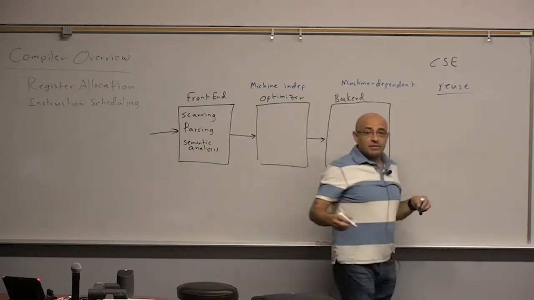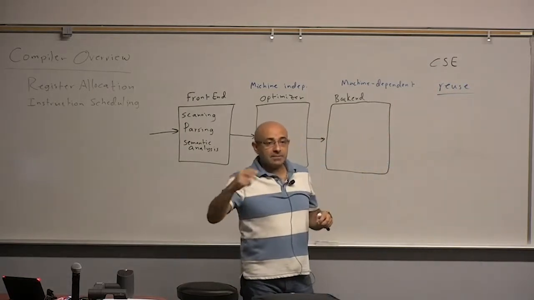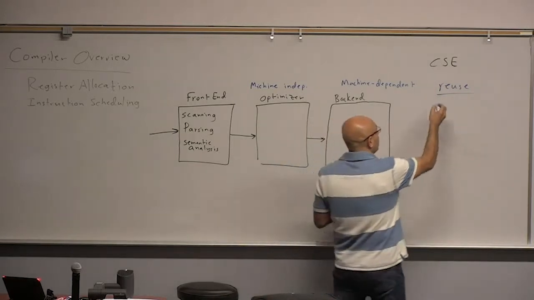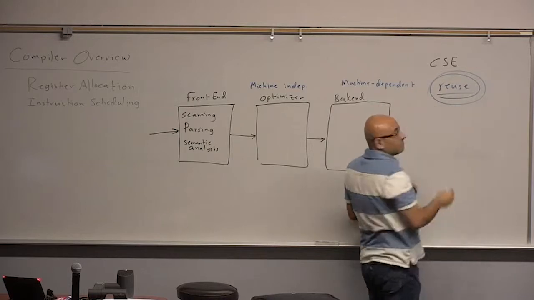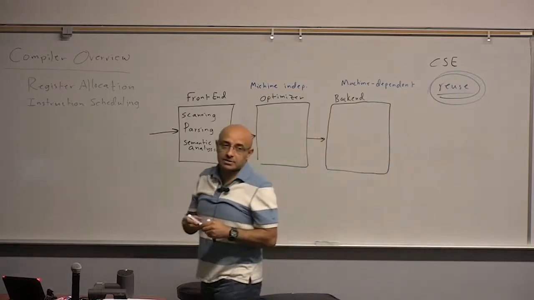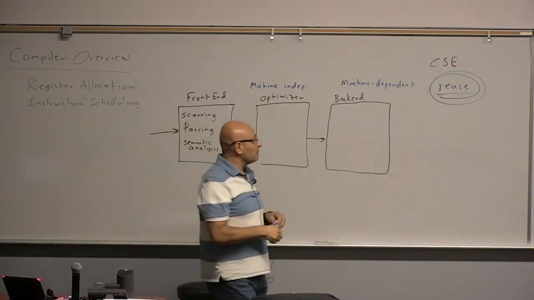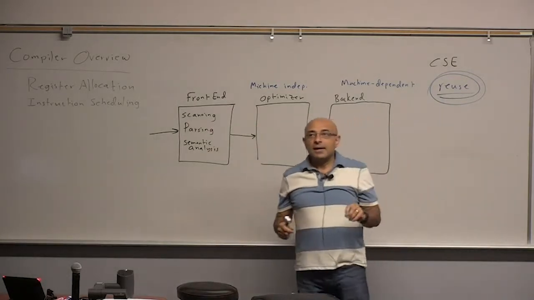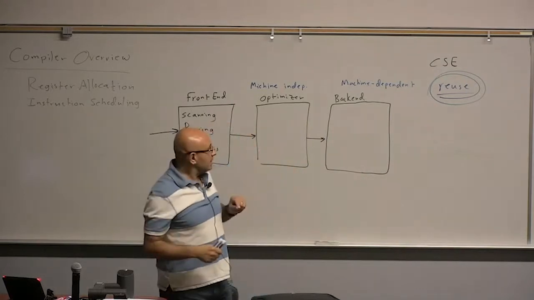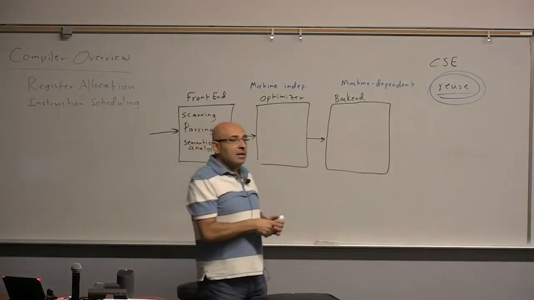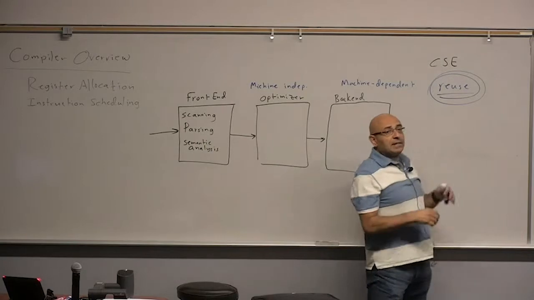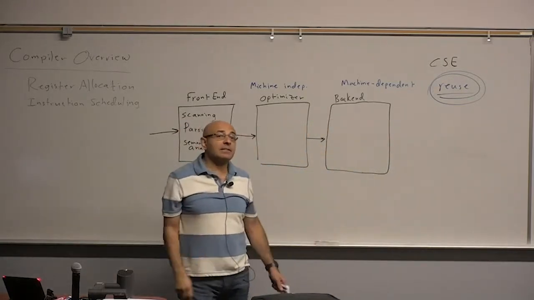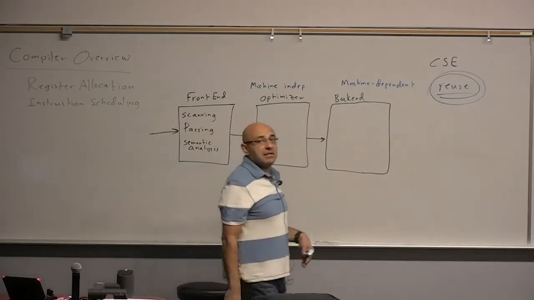Instead of computing something multiple times, compute it once and then reuse it. That's the idea. Now, this reuse requires resources. So when you reuse something, you want to store it somewhere, in some place so that you can reuse it. But that place that you store it on has to be fast enough. It has to have easy access. If it doesn't have easy access, then that defeats the purpose.